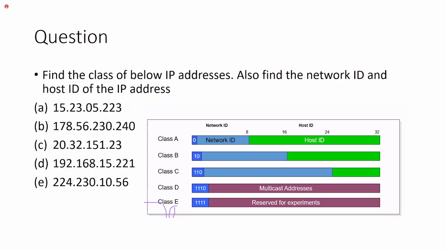The same way, there is something called multicasting, which is a little bit more advanced, where you want to send messages only to selected computers. For that purpose, we use class D addresses. So you cannot say in a class D address, this is the network ID and host ID. You can just write it's a class D address, right? Is it clear? Does anybody want to clarify anything on this question?